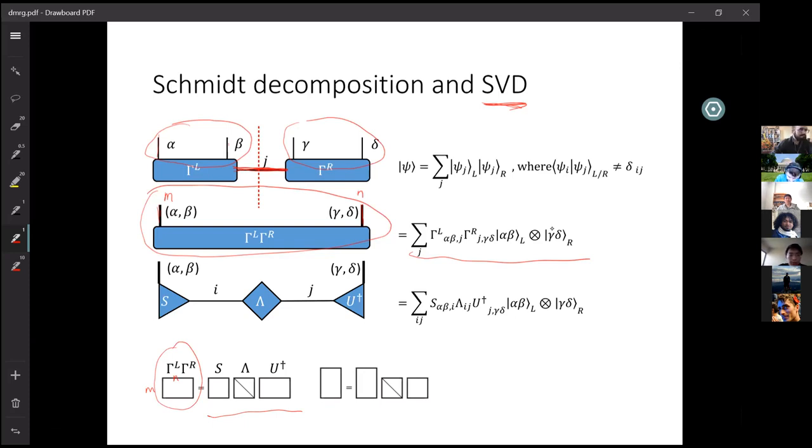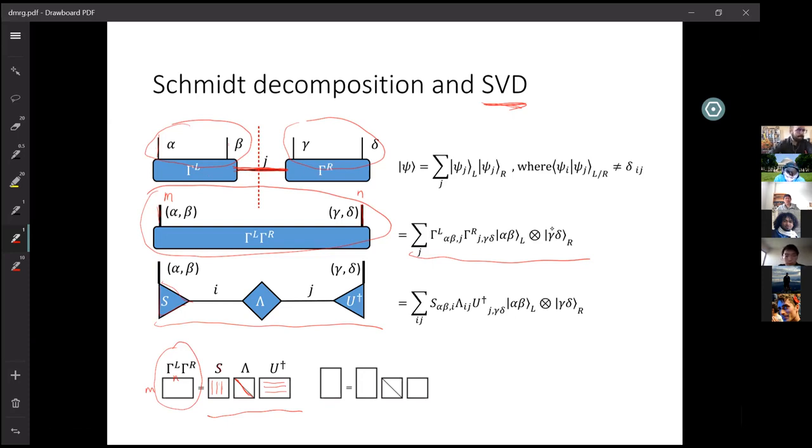Here S is a unitary matrix, which has its column vectors orthogonal to each other. And lambda is a diagonal matrix, and the diagonal values are real. U dagger here is also a unitary matrix, and it has its row vectors orthogonal to each other. In the tensor network language, we write it this way. Here we use a triangle to represent the fact that S has column vectors orthogonal to each other.